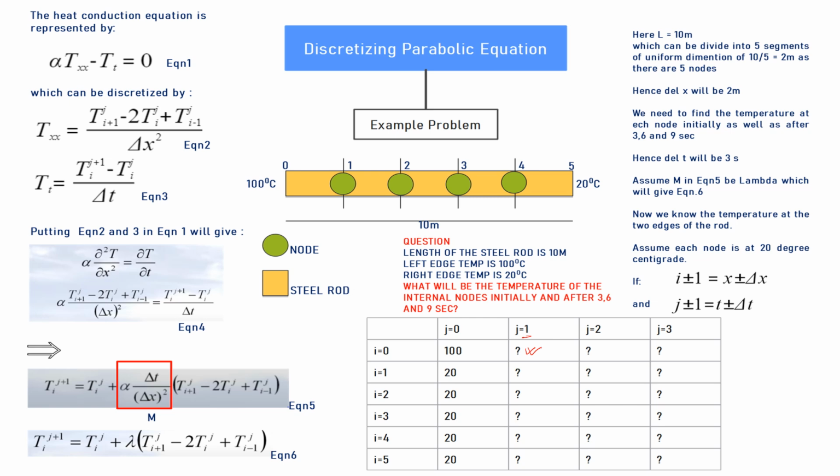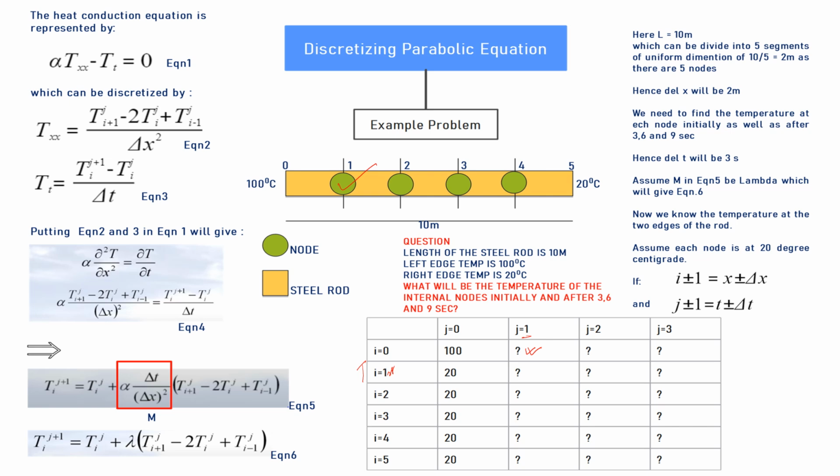Now my next question will be, what is the value of t on the node 1, the first node, this one, after the time increment of 3 seconds, the first time. So let me put these values in this equation.